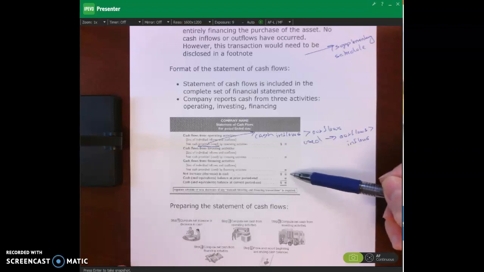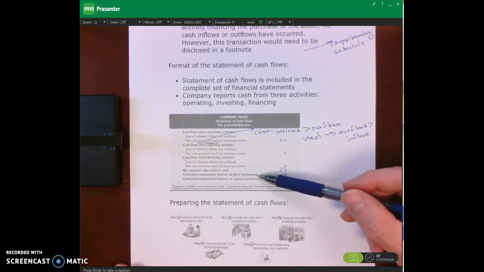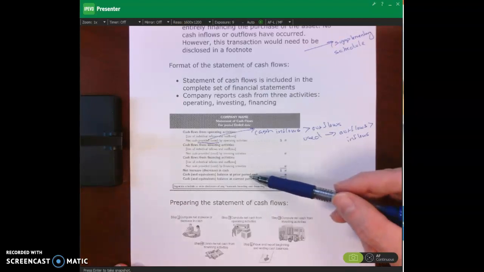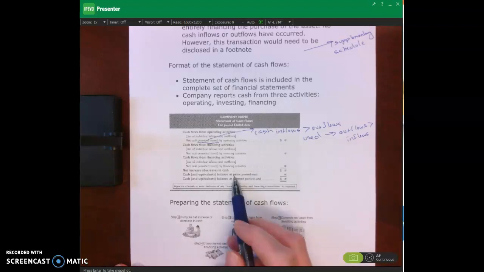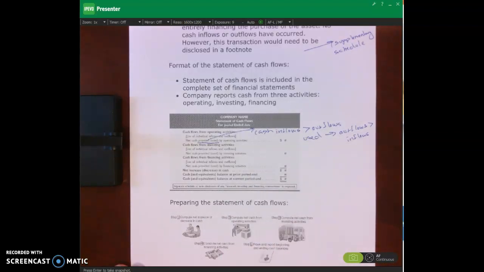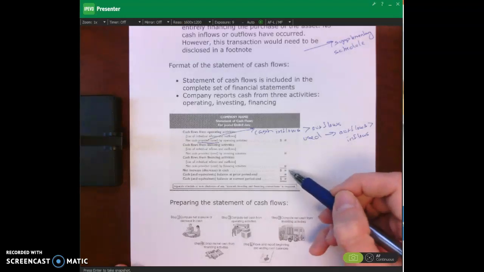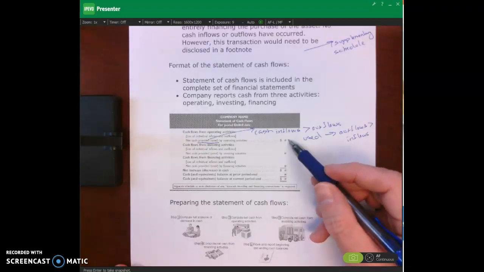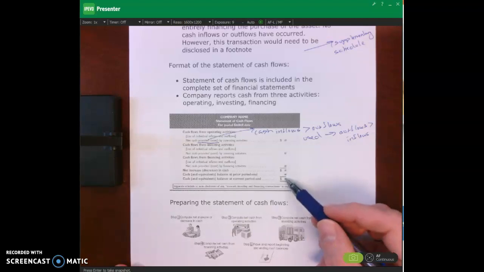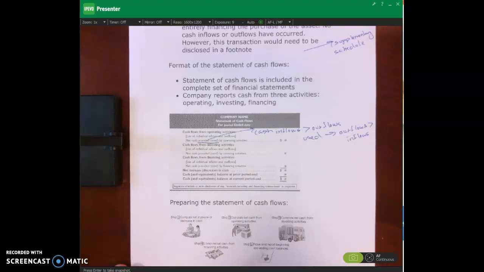We get a total, and then we look at what was our cash balance from the balance sheet at the beginning of the period. Okay, beginning of the period is the same as prior period's year end. And then we add that to our net increase in cash, which is this plus this plus this. And then we make sure that equals our cash at the end of the accounting period.